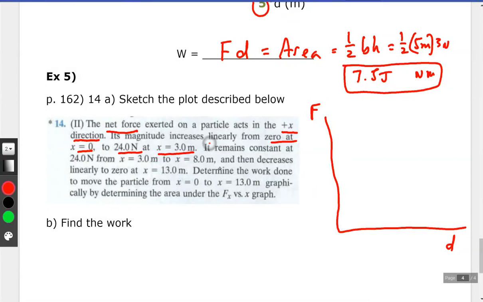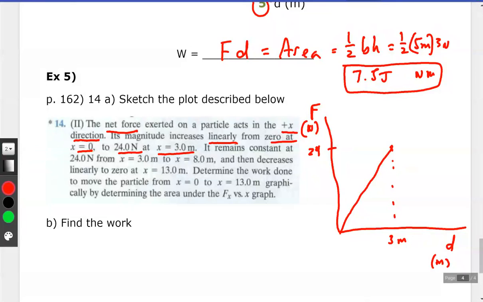It increases linearly from 0 to 24. So that's 24 at 3 meters. So after 3 meters, you're at 24 newtons. This unit is newtons. This is meters.